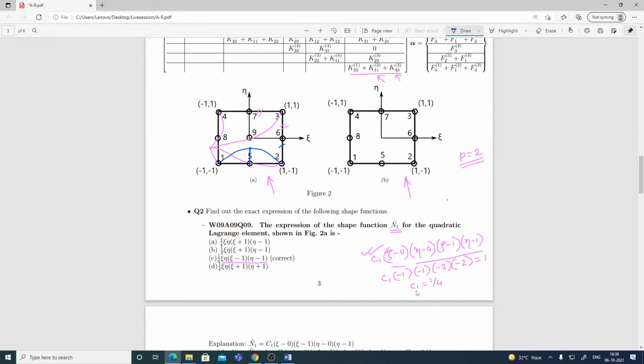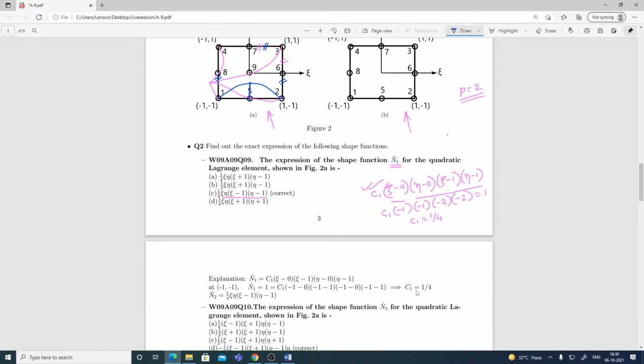It is 0 along this border and 0 along this border, and it is also 0 at eta equal to 0. So if I write this, it should be 0 at eta equal to 0, 0 at eta equal to 1, and then at xi equal to plus minus 1, it should be 0. Then you get the polynomial.